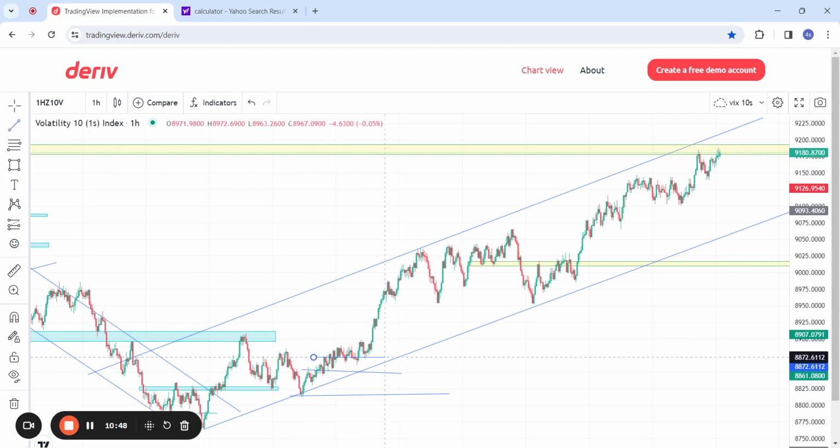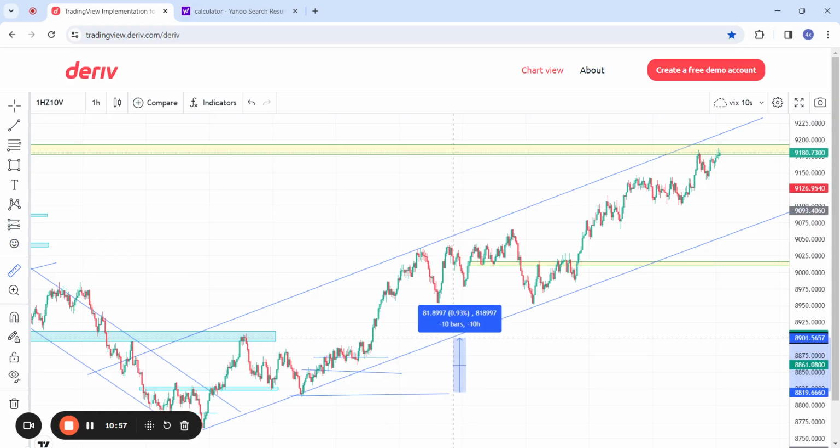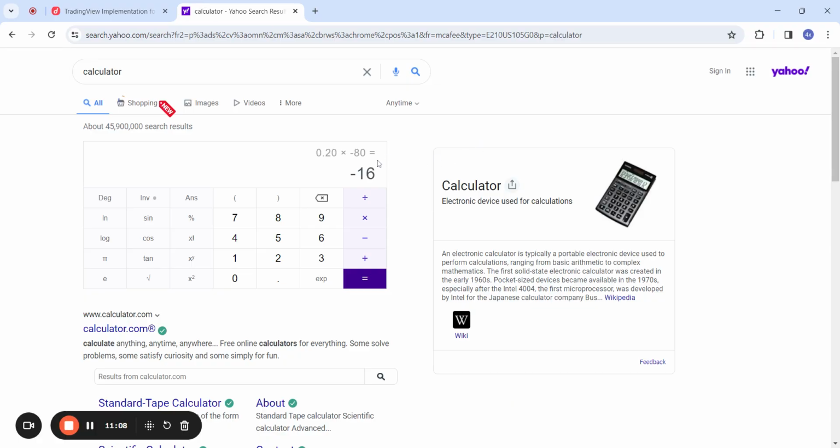Now this is a 1 trade attack. We're going to do the maths now. You can see the first entry, 1 trade alone, brings me back to break even.